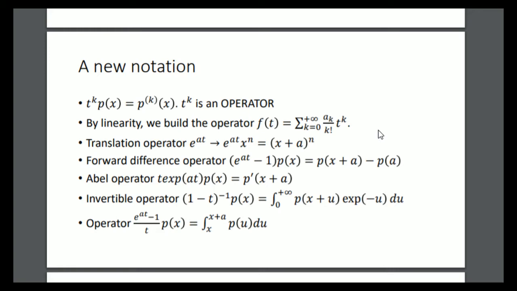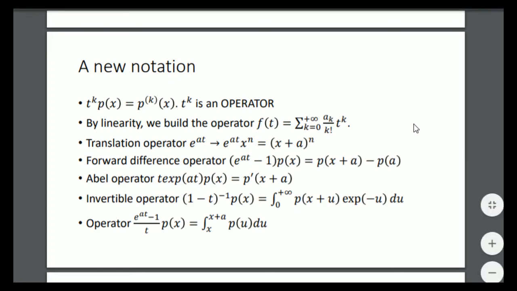Now, if you apply the forward difference operator, it will do the forward thing, so translation by a minus p of x. So this is really useful for numerical methods in which you have to compute the derivative. If you have done a bit of derivatives, this should be something that you know about. And other operators that I mentioned here.